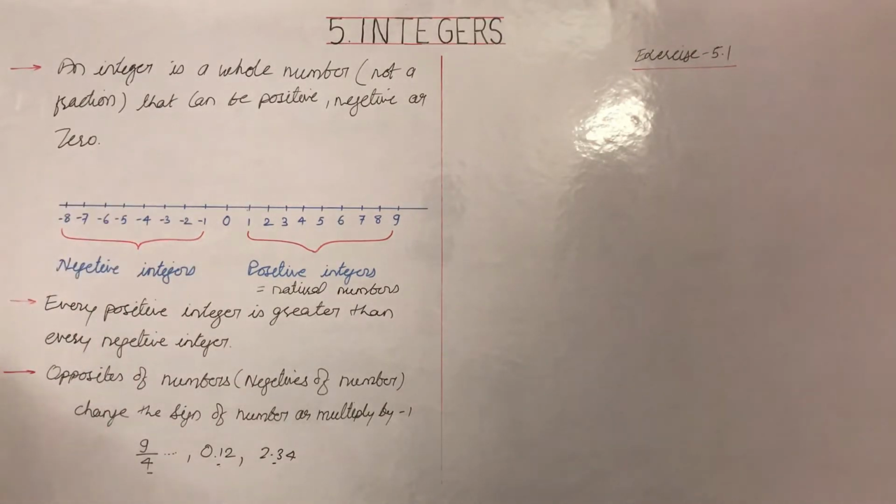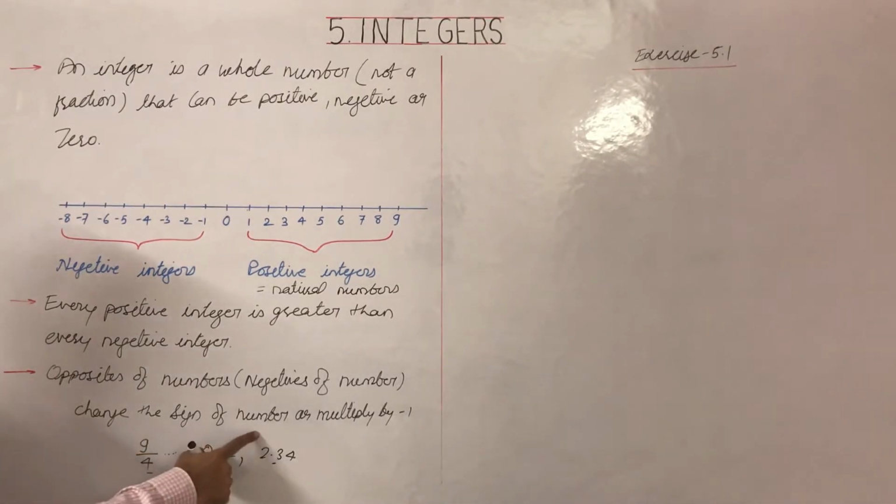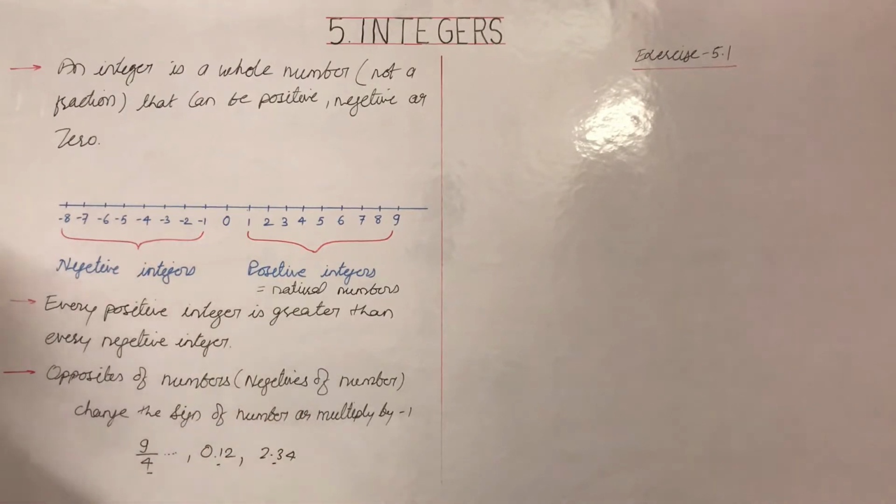Next topic, opposites of numbers or negatives of numbers. For finding opposites or negatives of a number, what to do? Just change the sign of the number or multiply that number by -1.